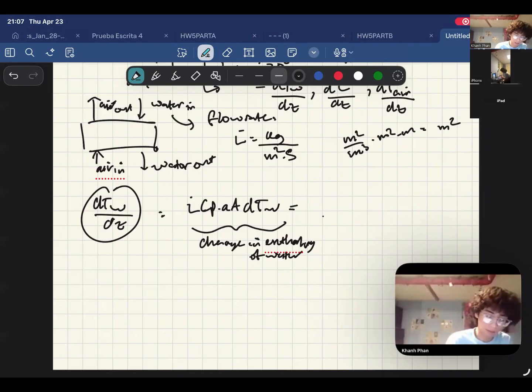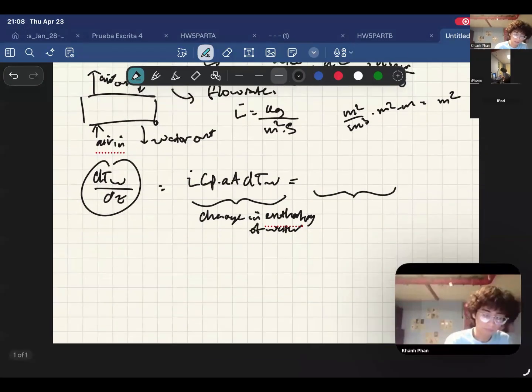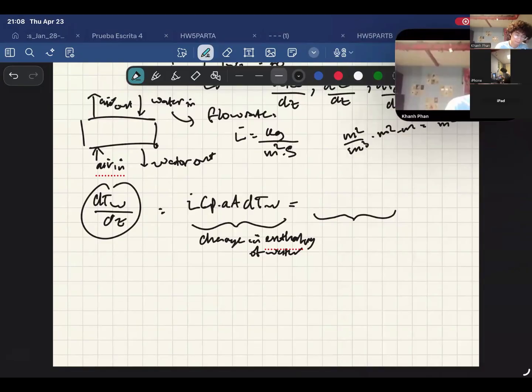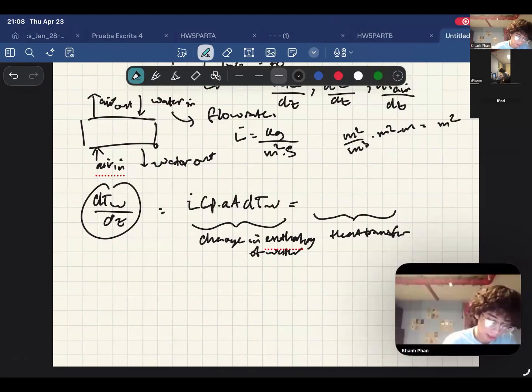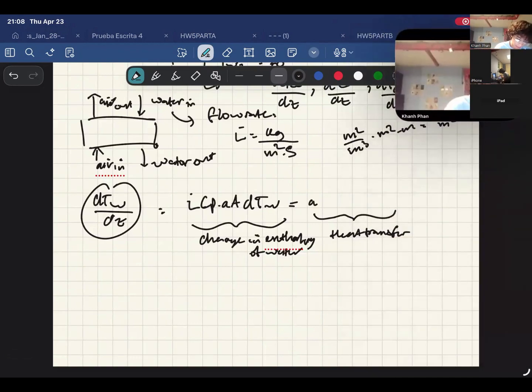And then over here we would have the heat transfer between air and water, with a formula of h times a packing times surface area times the temperature of air minus the temperature of water, times dz. This is the one where we need dz, because of the surface area.